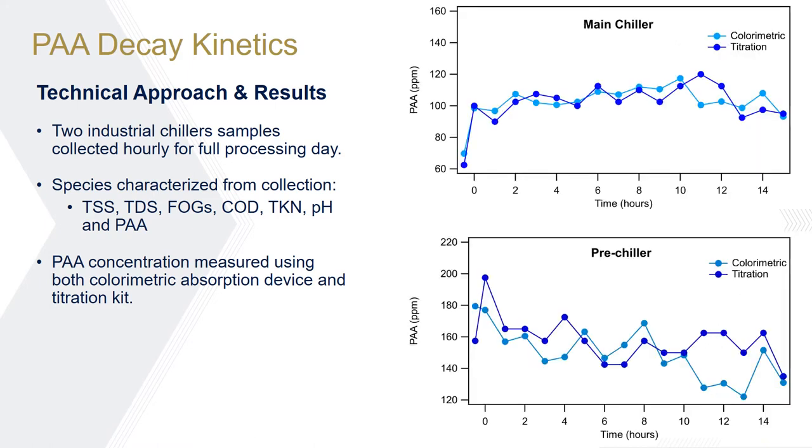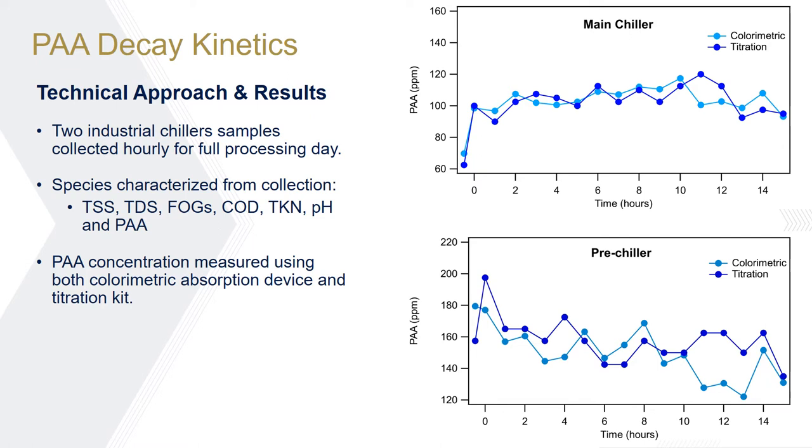Shown here are two charts that compare the two methods for the samples we collected from the pre and main chiller. As you can see, the two methods are pretty close for the main chiller and follow similar trends, which can be seen in the top graph. For the pre-chiller, there is more variability between the two methods. This is due to the fact that with the titration kit, you are adding chemicals drop-wise until the sample color changes from a dark brown or blue color to clear.